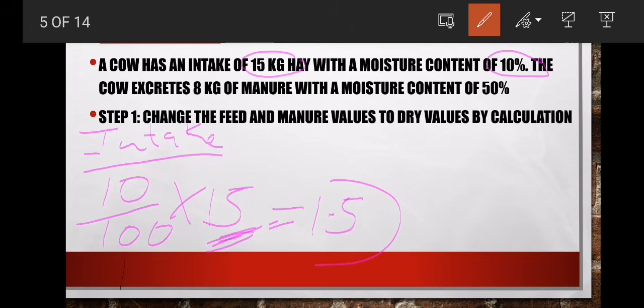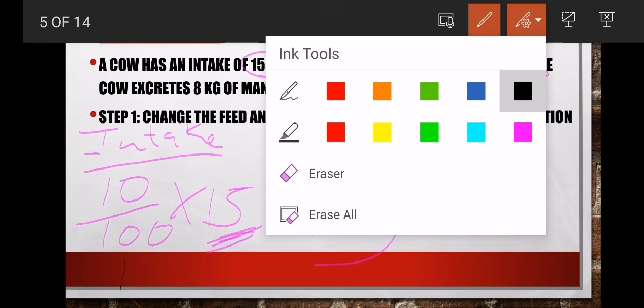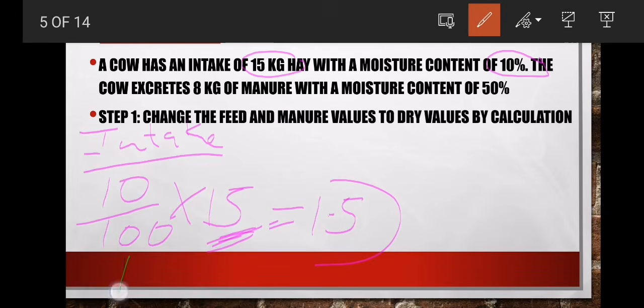The total intake, let's try to use another one that will be vivid. The total intake is 15 minus 1.5. If we say the total intake is 15 minus 1.5, what do we get?